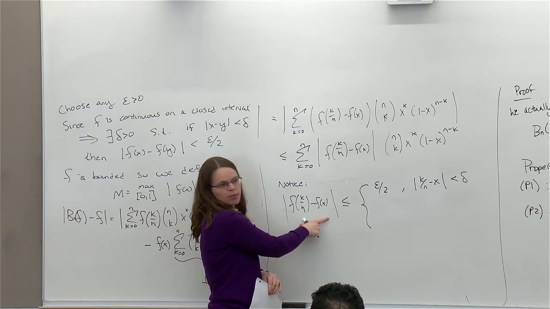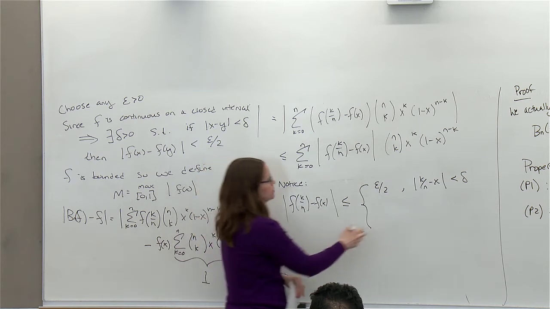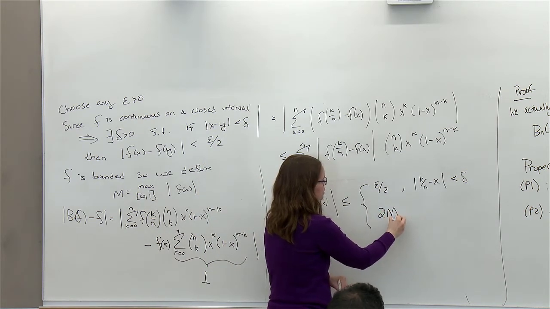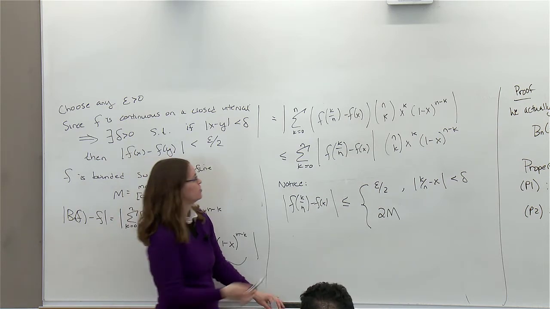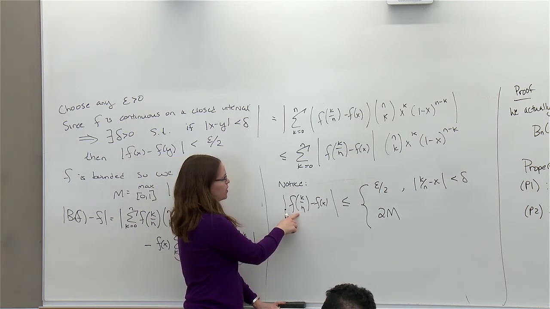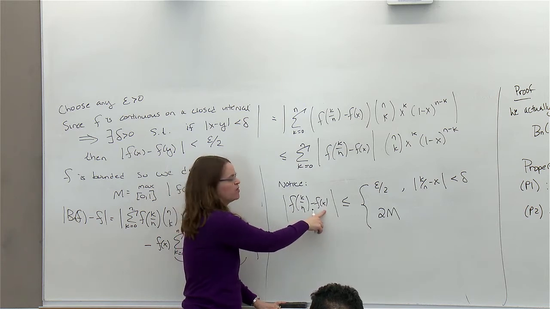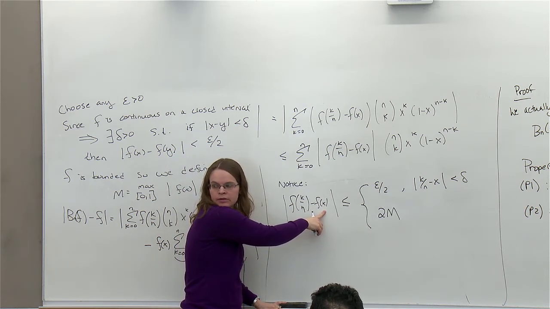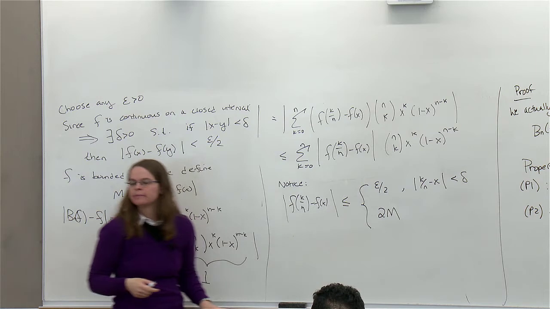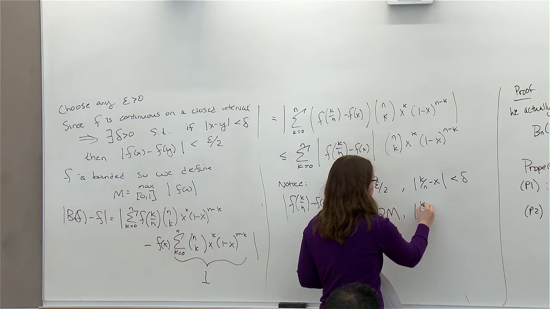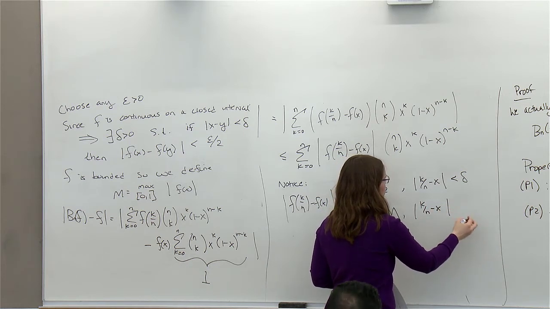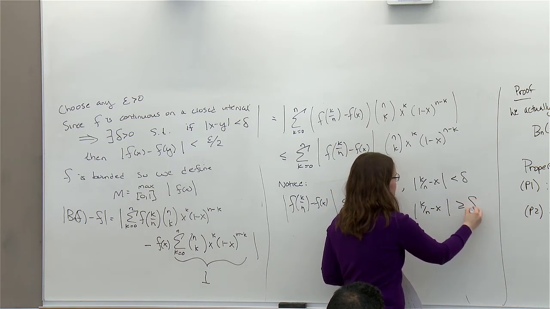So we could get 2m here, but we'll never get more than that. Why is it 2m instead of m? It could be that the value of f here is equal to m, and the value of f here is equal to minus m, right? So we could get them adding together. Okay, so we'll say if k over n minus x is greater than or equal to delta.